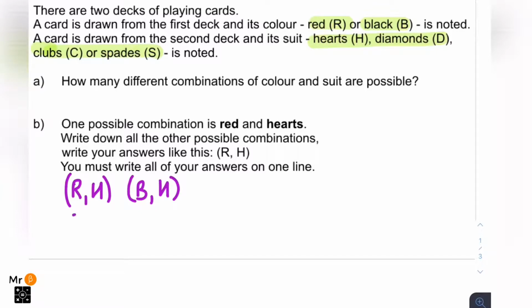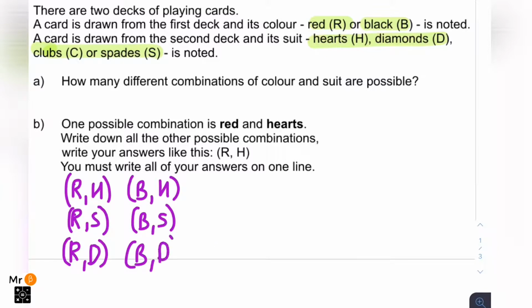We could have a red spade or a black spade. We could have a red diamond or a black diamond. And then finally we could have a red club or a black club. That tells us that we have 8 different combinations.